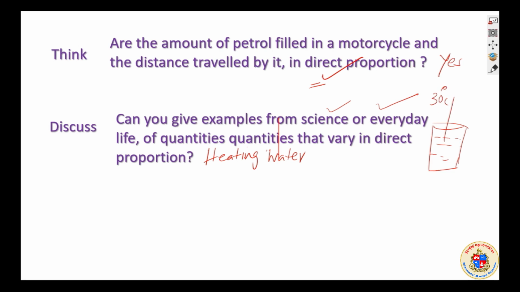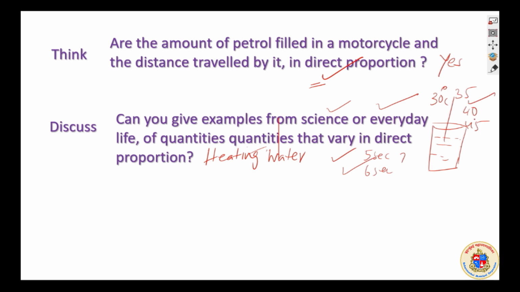Now you are heating it. You just started heating. After 5 seconds, you tested the temperature, it became 35. After 6 seconds, it became 40.